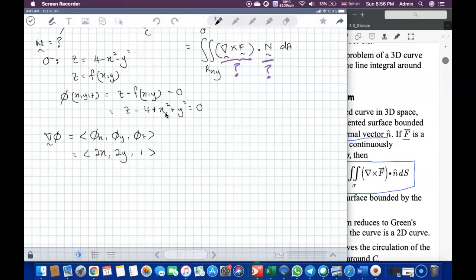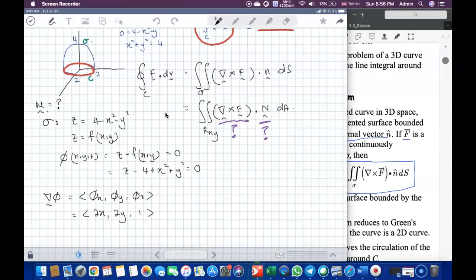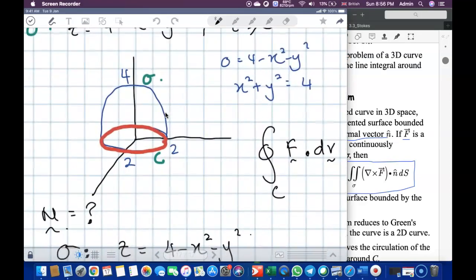So whether this is your n or you have to make it negative, how can we know that? It should be from your surface. Since we have the type of equation where z is a function of x and y, we only need to focus on the z component, the k component.